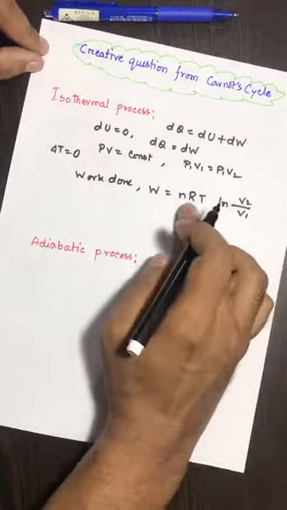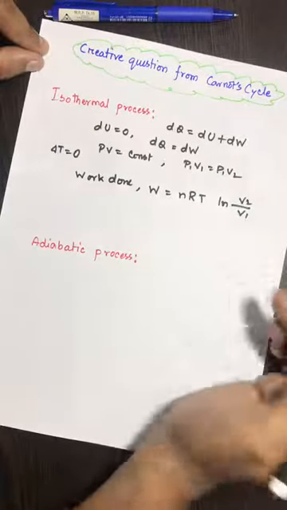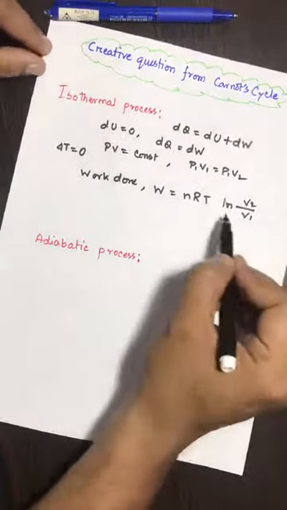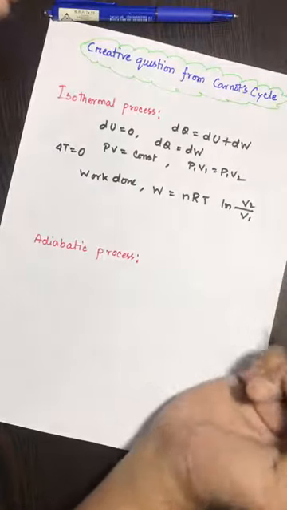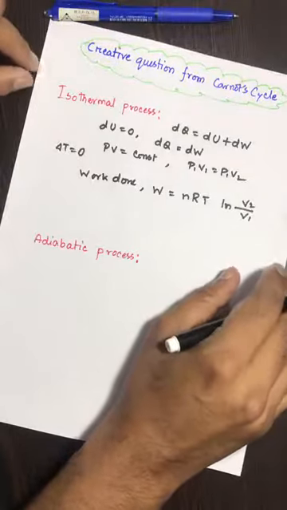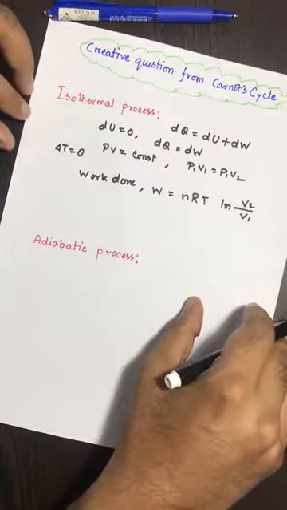In W equals nRT, R is the universal gas constant, 8.31 joule per mole per Kelvin. The temperature is whatever is given, and the number of moles, whether monatomic or diatomic, will be provided in the problem. These three things we need to remember about the isothermal process.